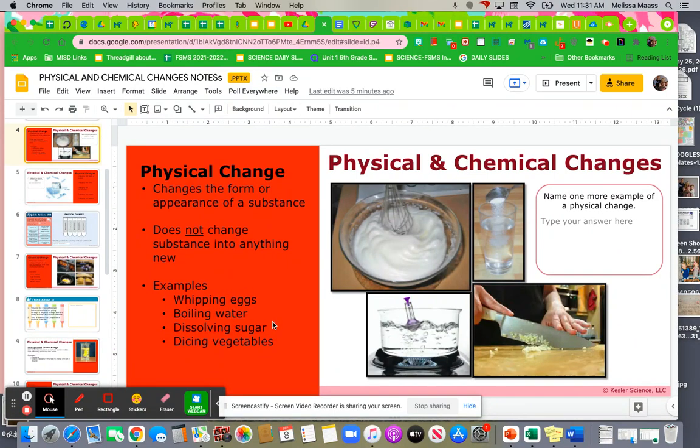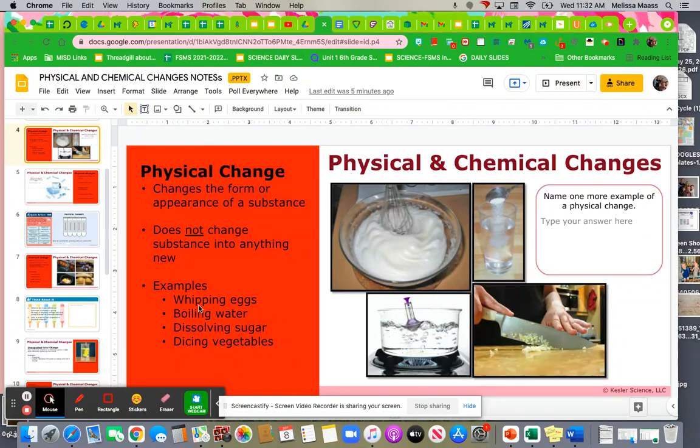This is the one I told you that kids get confused on because when you have like the lemonade packets or Crystal Light or even just plain old sugar, hot chocolate, whatever it is, Kool-Aid, and you mix it up in water, if you were to let that water evaporate, you'd be left with the crystals at the bottom. It looks a little different, but nonetheless, there's still those crystals. So that is just a physical change, okay? Dicing vegetables.